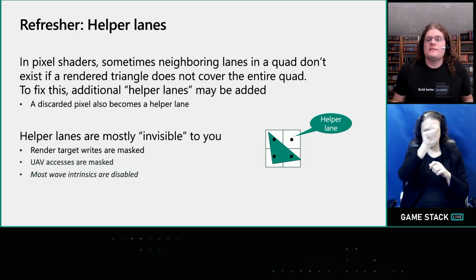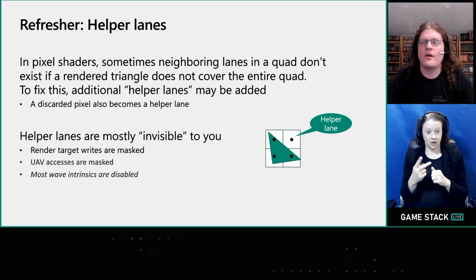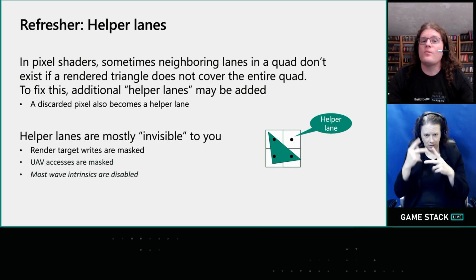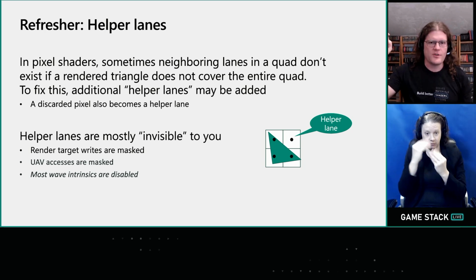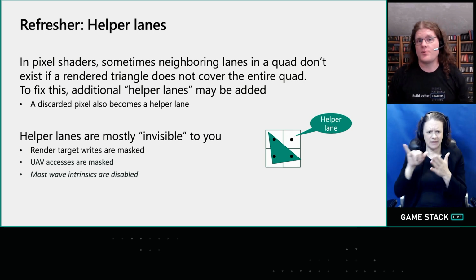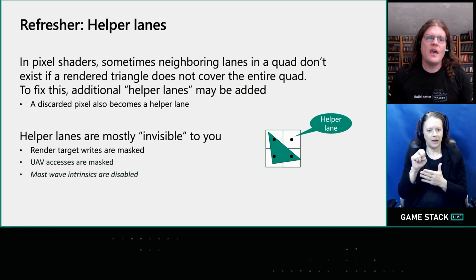And for this reason, now the three lanes in this example are able to compute all of their individual calculations by themselves. But when they need to get mipmap information, they need to know what that lazy fourth member is going to be. And for this reason, we fill in that empty space with something called a helper lane. And it is mostly invisible to the shader author.